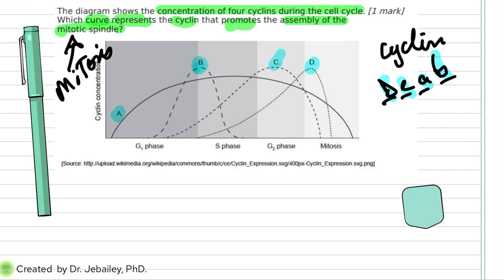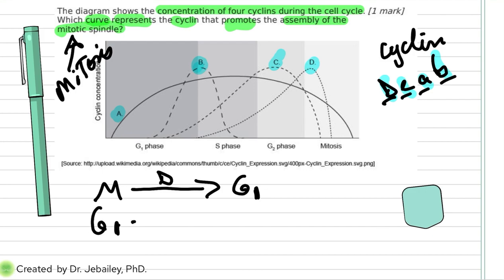So for example, if you want to go from mitosis to G1, you need to have a lot of cyclin D. When you have a lot of cyclin D, then you go to G1.